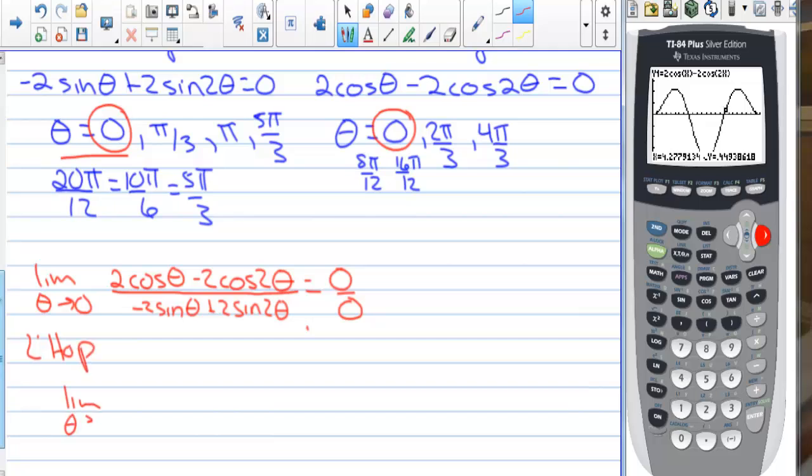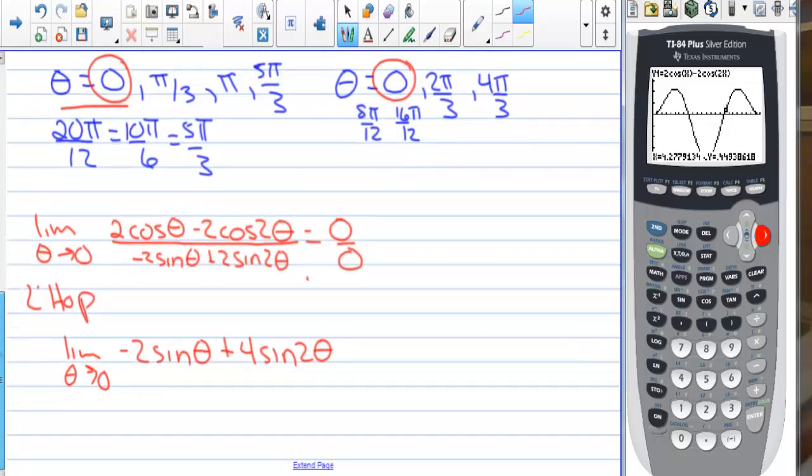Limit as theta approaches 0 of the derivative of the top, which is negative 2 sine theta plus 4 sine of 2 theta, all over the derivative of the bottom, which is negative 2 cosine theta plus 4 cosine of 2 theta.